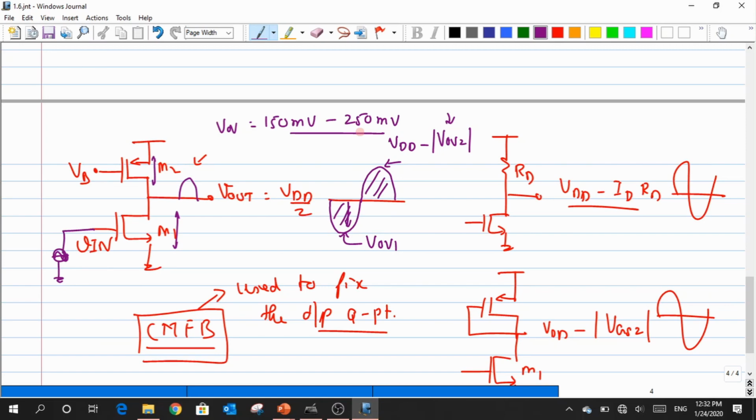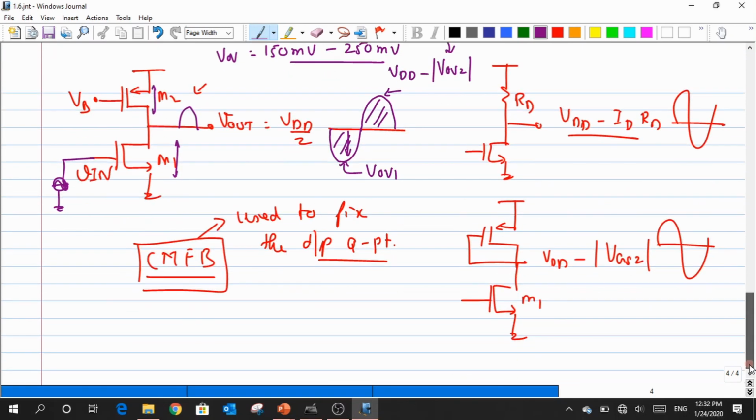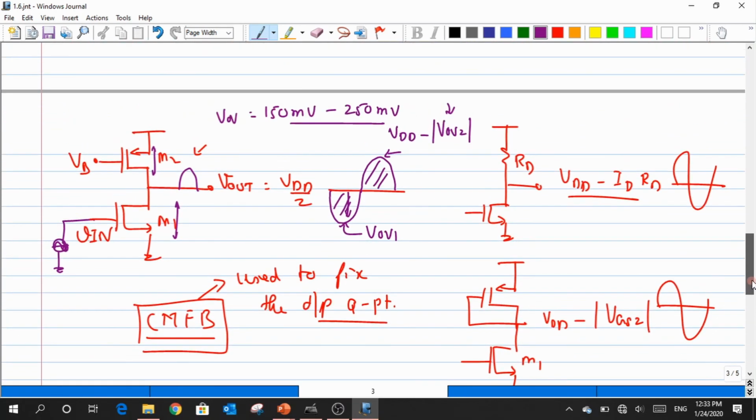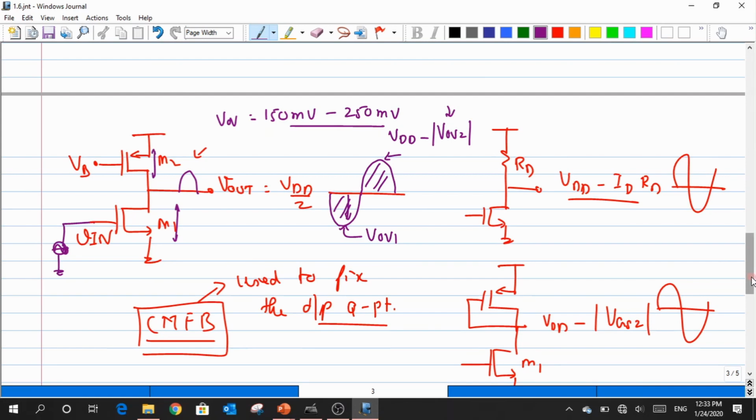Yeah. Now, I think I've given enough base. So now let us go for calculating the small signal gain. By the time I copy the circuit, you can bring out my answer, or I will do it again.